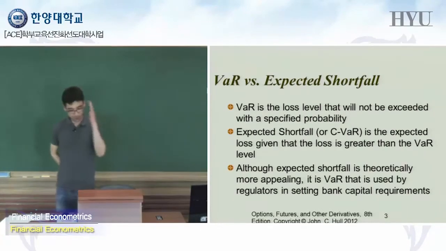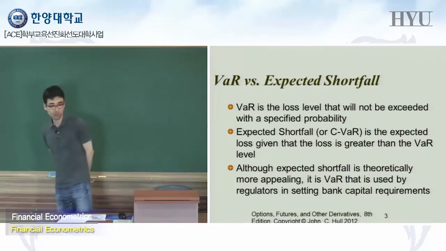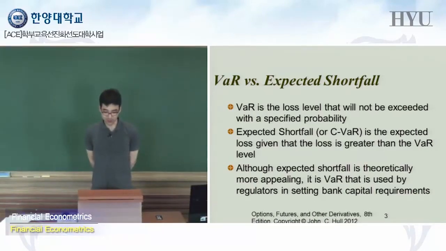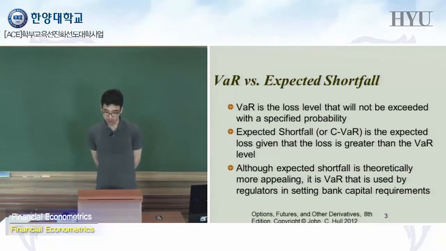But first, there is a better concept than value at risk, which is called expected shortfall. Value at risk is the loss level that will not be exceeded with a specific probability. It is a level of loss. But expected shortfall is more intuitive. It is also called C bar.